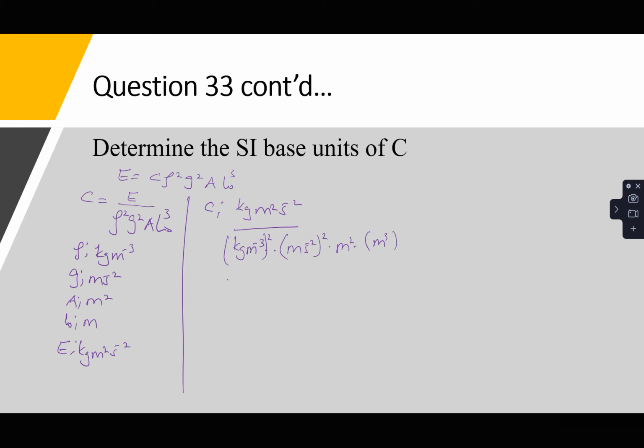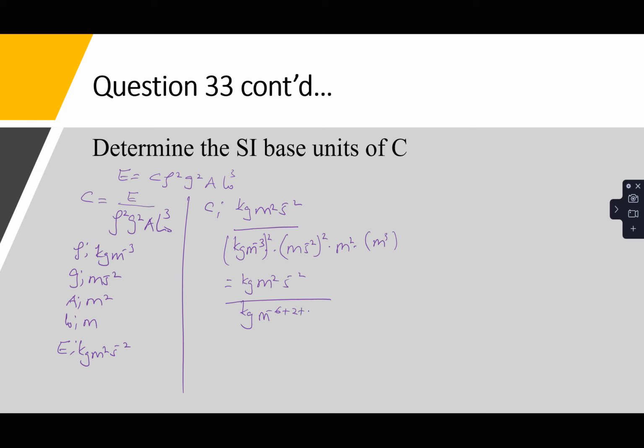Let's first of all simplify the numerator maybe. So this is kilogram m squared s power negative 2, divided by, in the denominator, you have kilogram, but it is squared. M power negative 3 raised to power 2 becomes m power negative 6. M power 2 becomes plus 2.